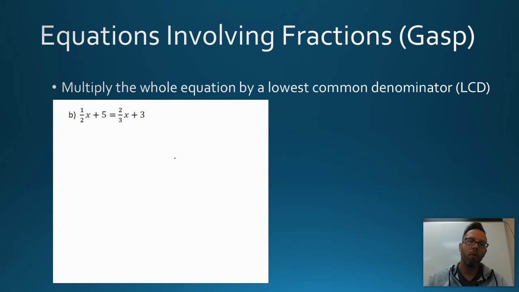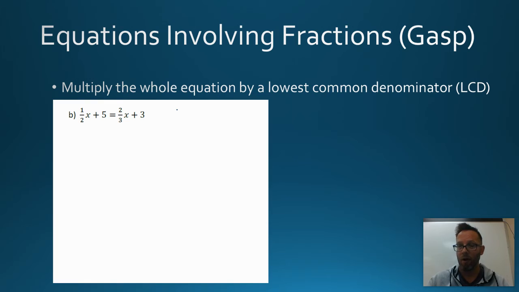So how do we do that? Well, in this case, you look at the coefficients that are fractions. Here we have 1/2 and 2/3. And we think, what is the lowest common denominator for those numbers 2 and 3? Hopefully most of you can recognize it's 6.